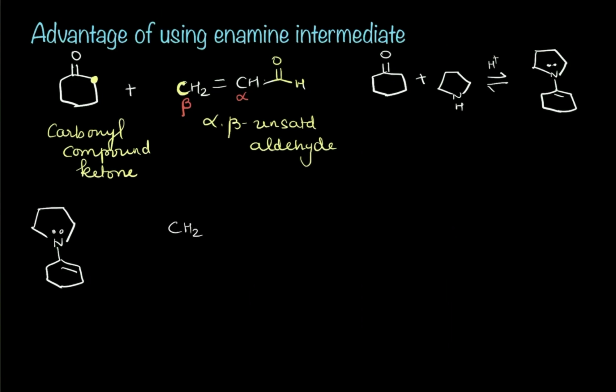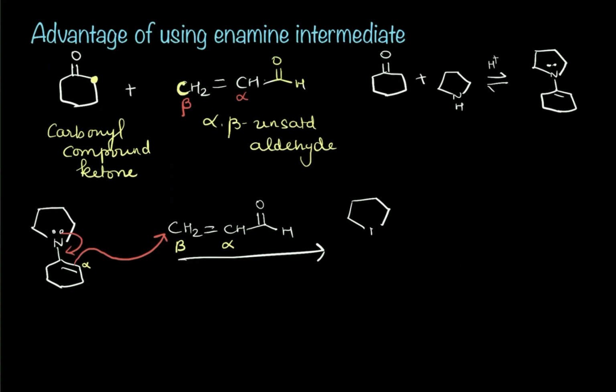Okay, and we draw the alpha beta unsaturated aldehyde. These electrons are going to come up here, and remember this is going to act as a nucleophile attacking the electrophilic carbon of the alpha beta unsaturated aldehyde. Maybe I'll label it here. This is alpha, this is beta, and this is your alpha carbon here. Okay, so in this step an iminium is formed.